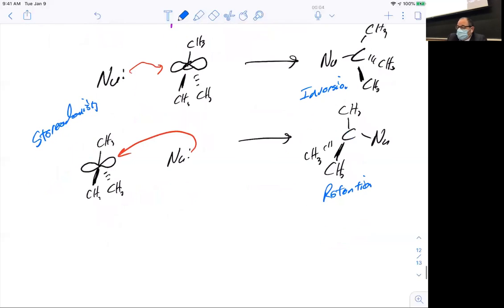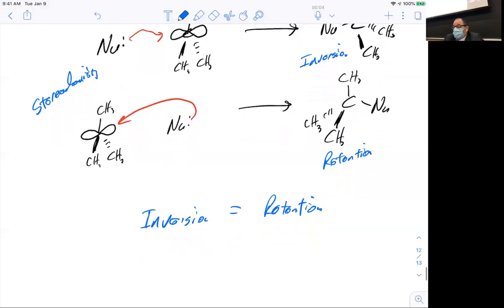And that's what we see here, we see inversion and retention tend to be about the same. Now this has to depend on how fast the reaction is, but if we go to a full carbocation, we get inversion and retention equivalent.